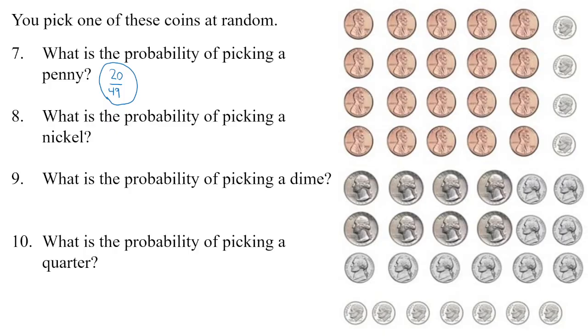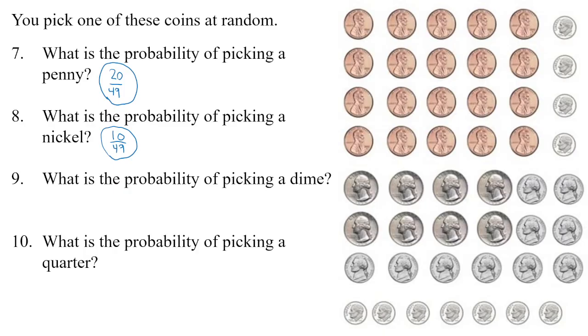What is the probability of picking a nickel? So let's see there. 1, 2, 3, 4, 5, 6, 7, 8, 9, 10 nickels. So it's 10 nickels out of 49. And it doesn't reduce, so the probability is indeed 10 out of 49.